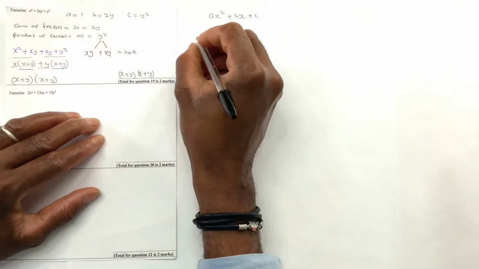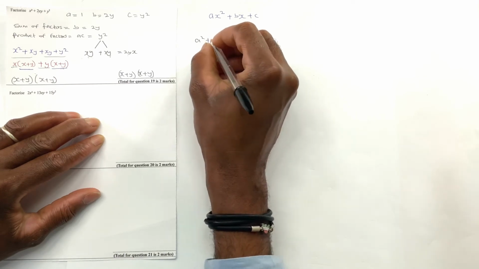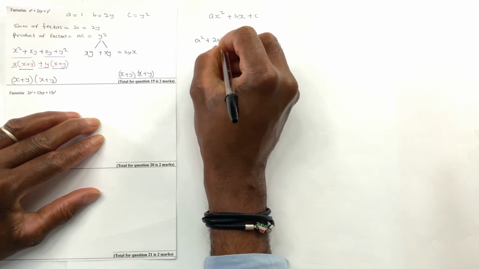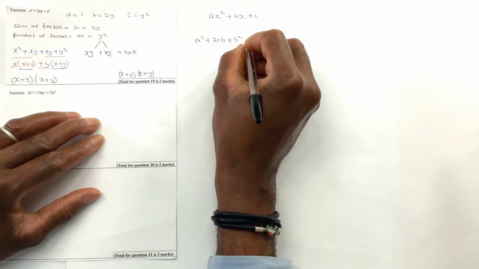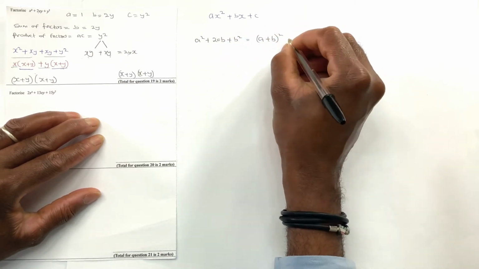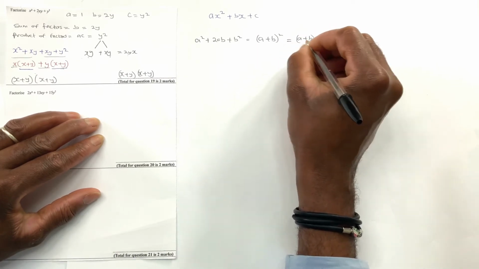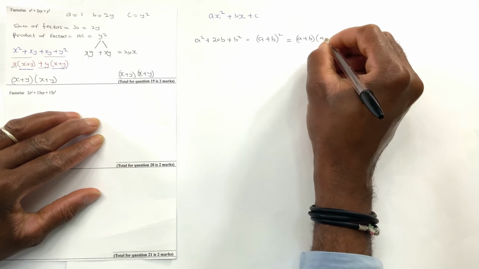Another way you could have done that is a squared plus 2ab plus b squared is basically a plus b squared, which is a plus b times a plus b.